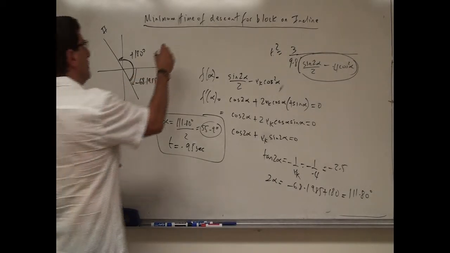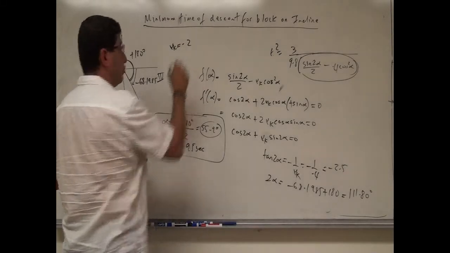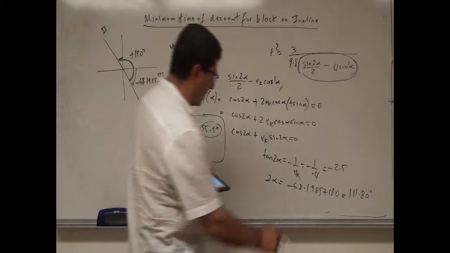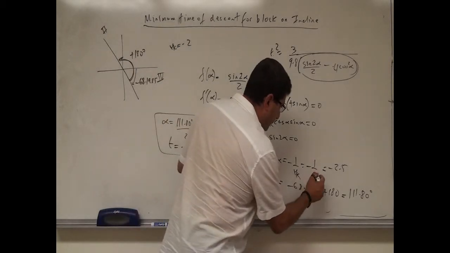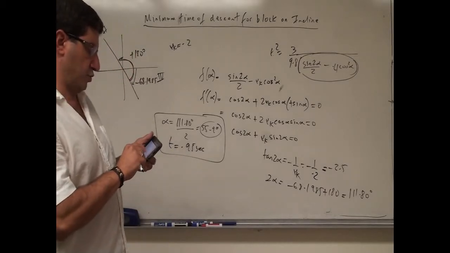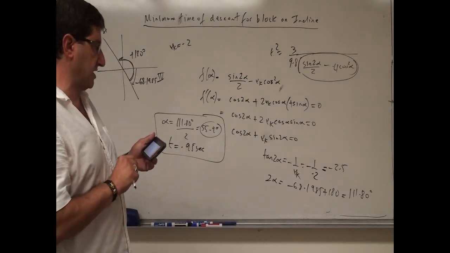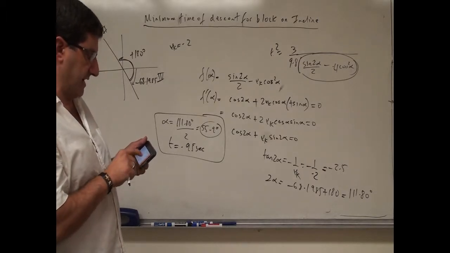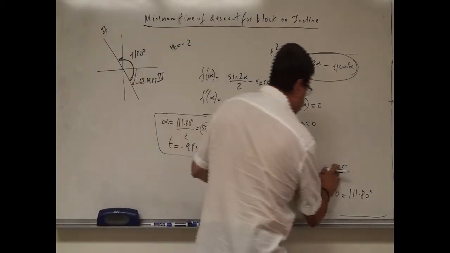Now, what if the friction coefficient was 0.2? What should now the angle be, right? So then I'll have here 0.2. Okay. So then 1 divided by 0.2 is going to be negative 5. So now it's going to be negative 5 here.